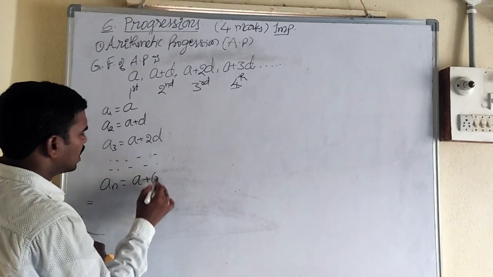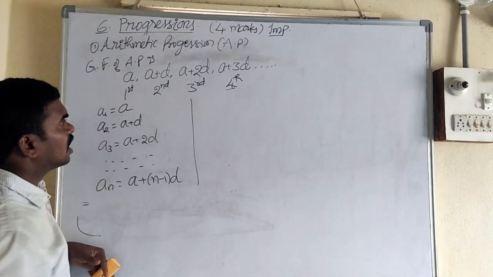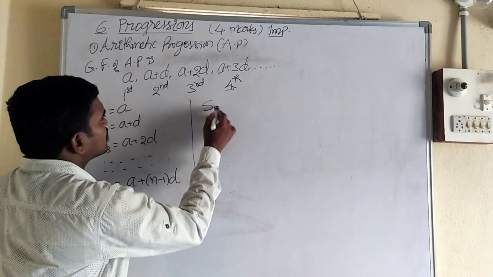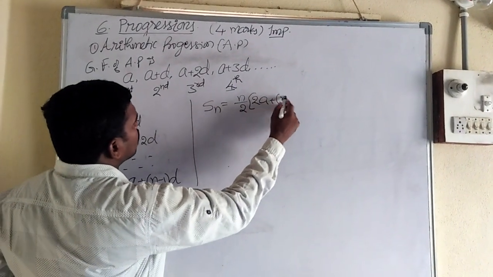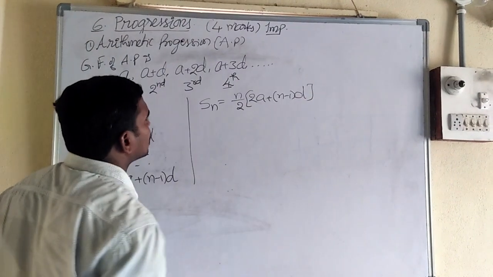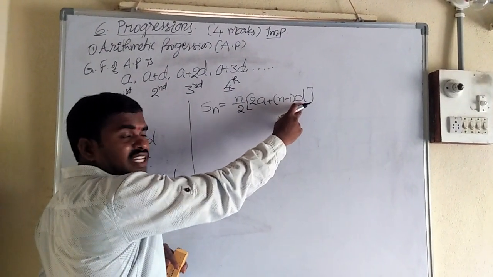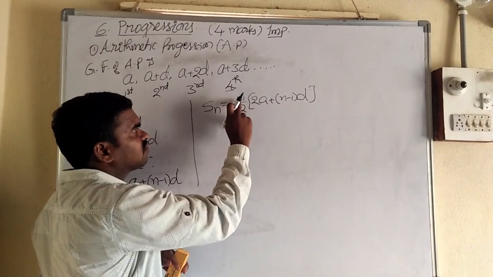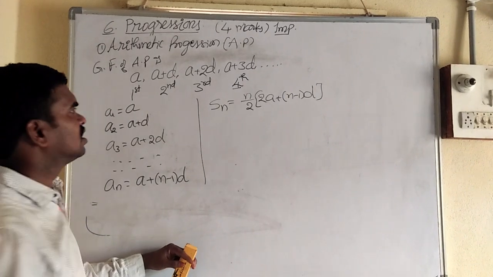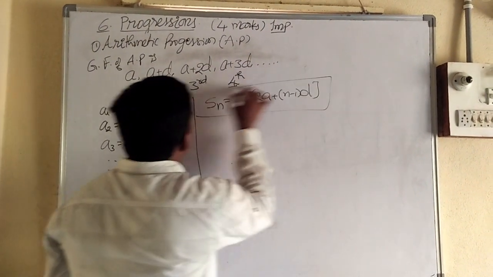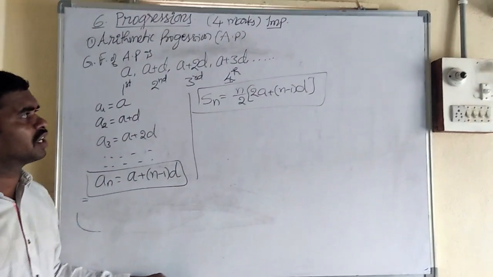A plus n minus 1 into D. Similarly, one more thing, the sum of n terms in arithmetic progression is n by 2 into 2A plus n minus 1 into D. Here A is called first term, D is called common difference, n is called number of terms. That's all. Sn means sum of the first n terms. Okay na? This is the sum of the n terms formula. This is the nth term of arithmetic progression formula.